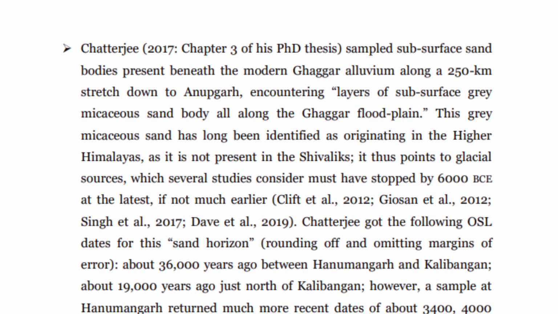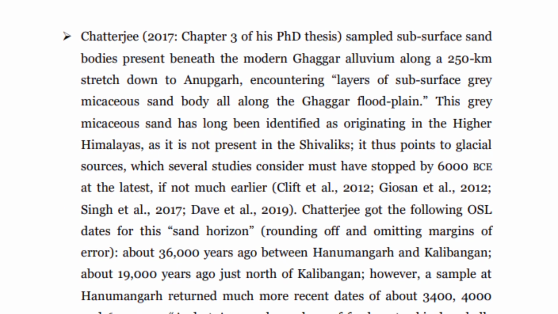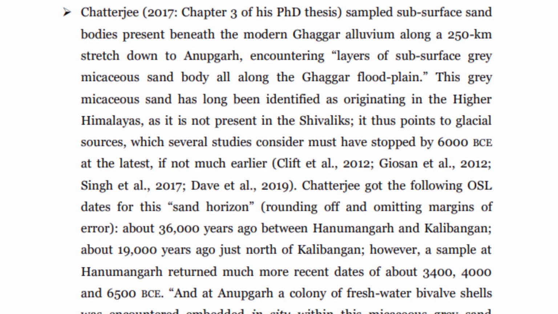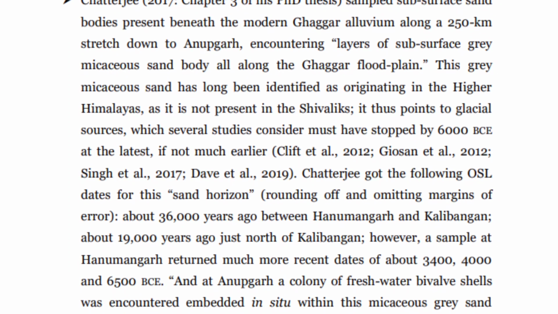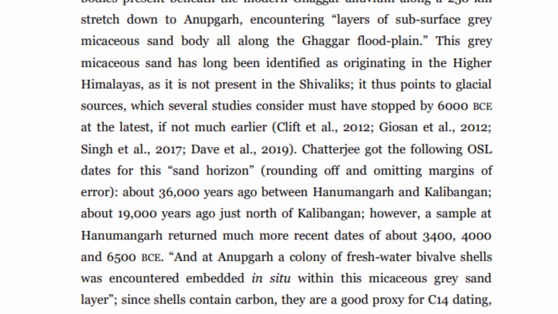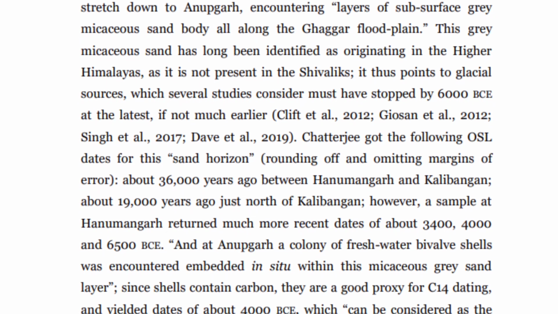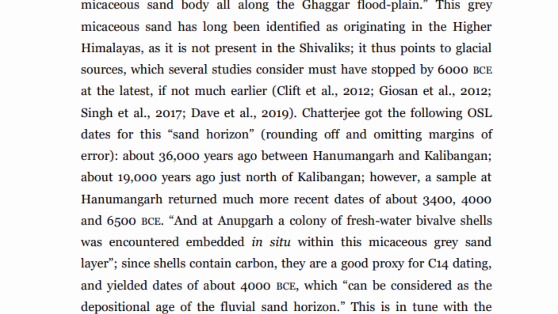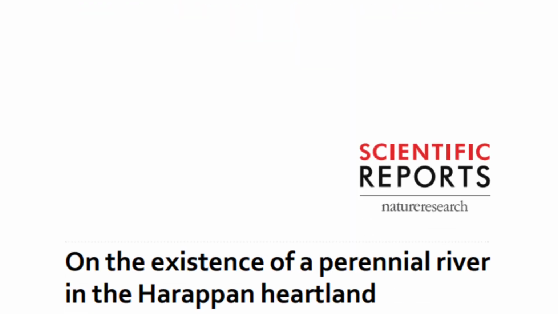Chatterjee in 2017 sampled subsurface sand bodies present beneath the modern Ghaggar alluvium along a long stretch, about 250 kilometer, down to Anupgarh, and encountered layers of subsurface grey micaceous sand body all along the Ghaggar plain.